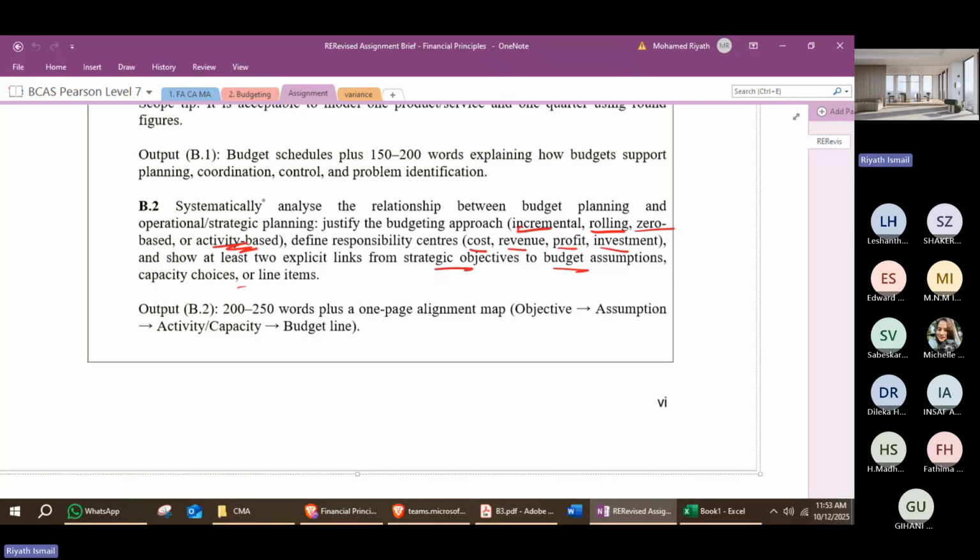How does it relate? How can you relate this?